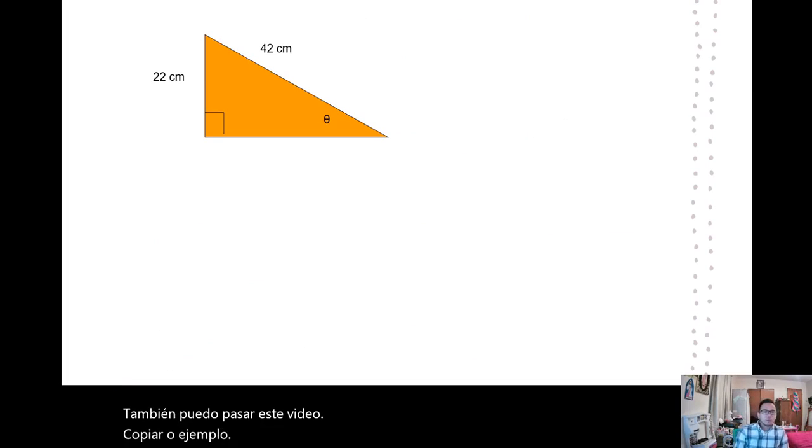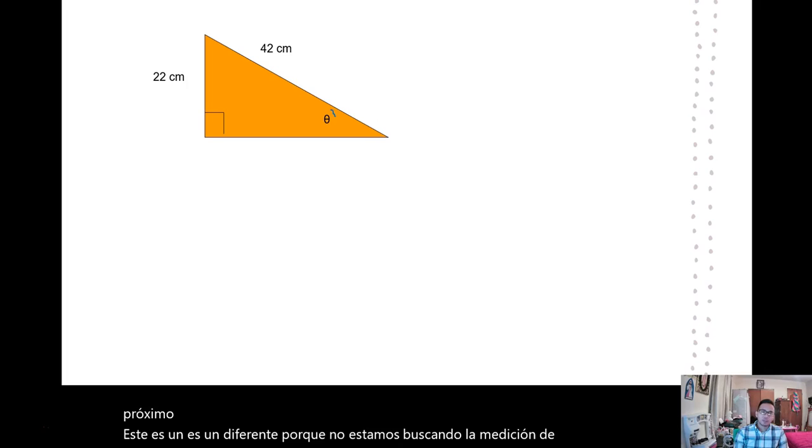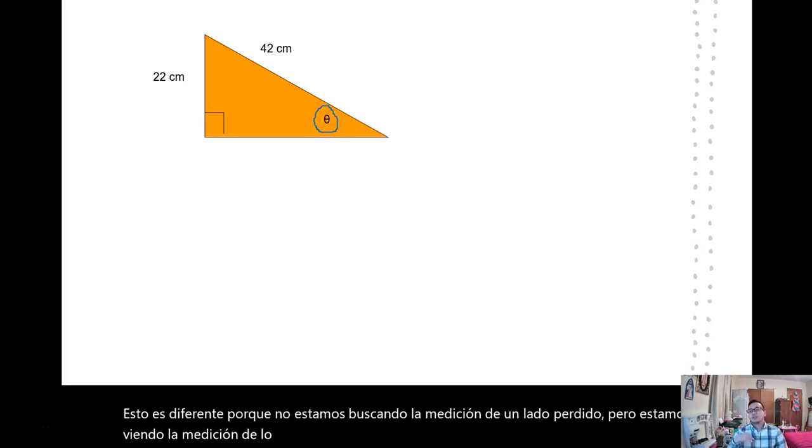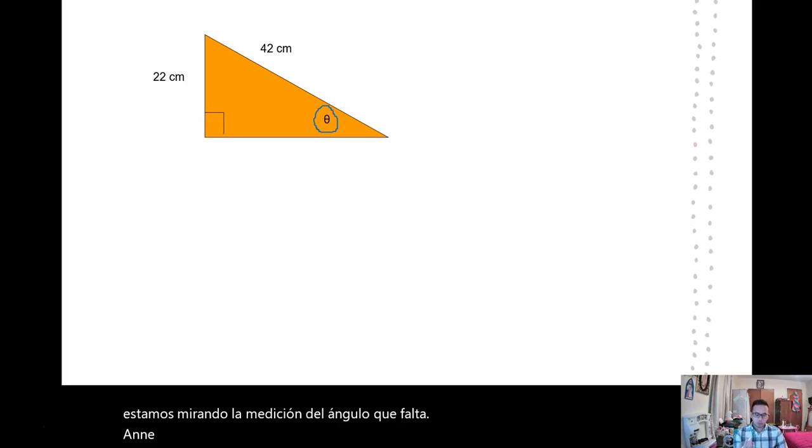Next, we have a different one, because we are not looking for the measurement of a missing side, but we are looking for the measurement of a missing angle. At this point, I'm going to introduce to you how to get the inverse of a trig ratio.